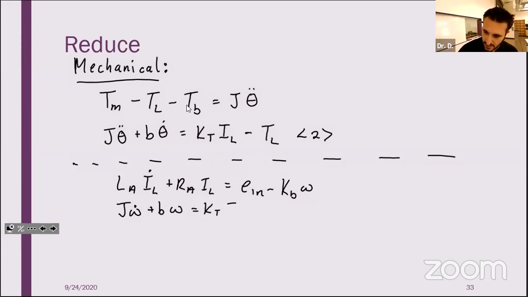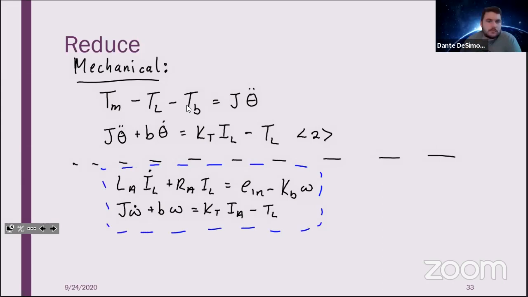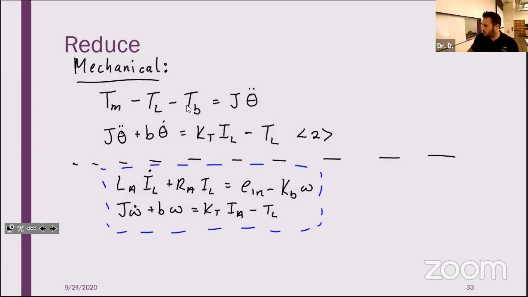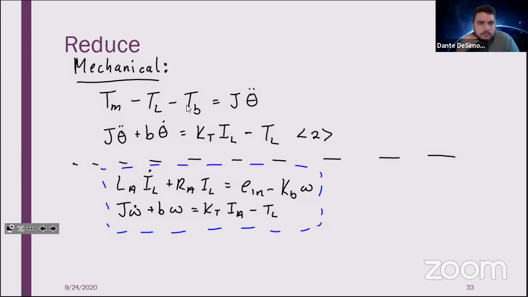Because there's no spring here, this is a very nice looking equation. And so this right here is just us changing the dynamic variable to talk about something that has a little bit more real world use. How fast is my motor spinning? Spinning by omega.